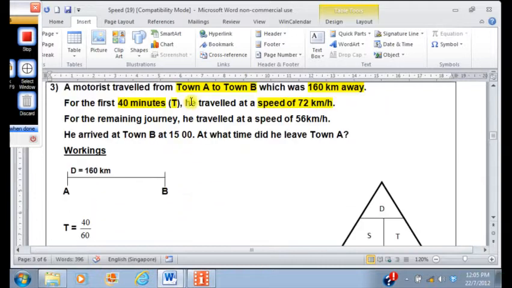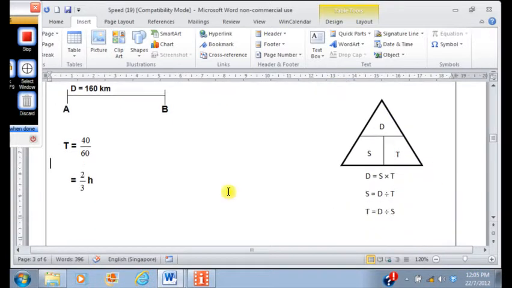Then now we can make use of our distance speed time relationship and find out what's the distance traveled for the first 40 minutes. So D will be, so I think I'll write it as distance for first 2/3 hour, since we have changed it to this.